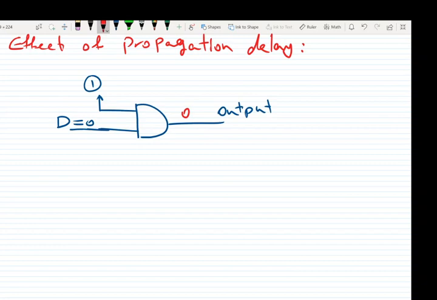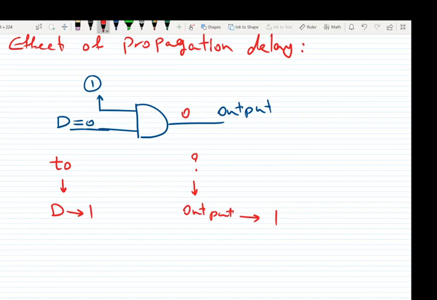So my question is: if at time equal to t0, D changes from 0 to 1, at which time will the output change from 0 to 1? Does it happen immediately?